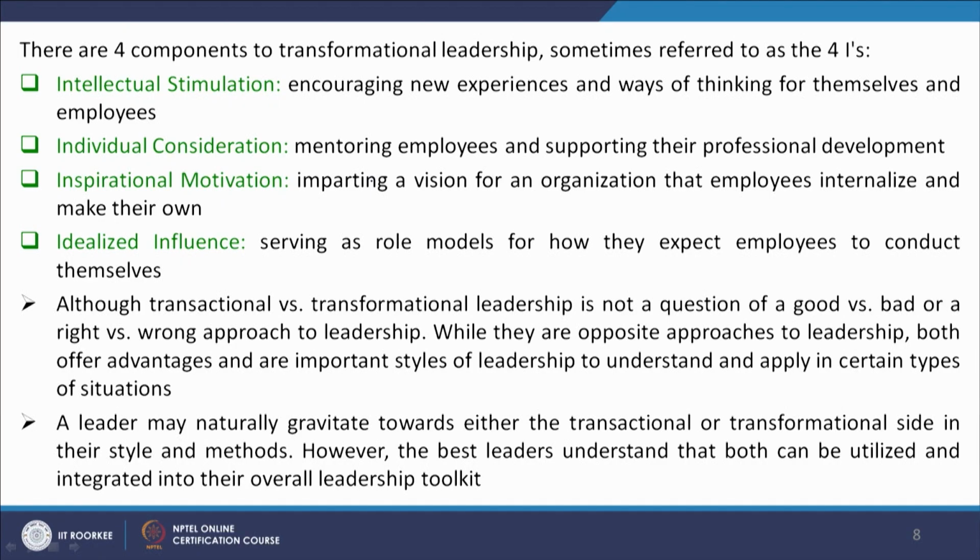But the best leaders understand that both can be utilized and integrated into their overall leadership toolkit. Toolkit here means combining all the resources of the organization and assets, including policies and procedures and the market situation, and only then is the leader able to understand which leadership style will fit into the situation or his or her toolkit.